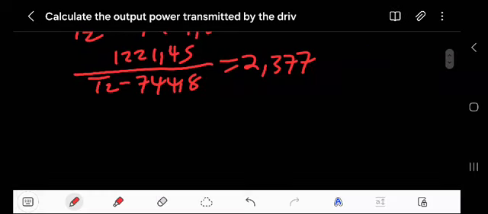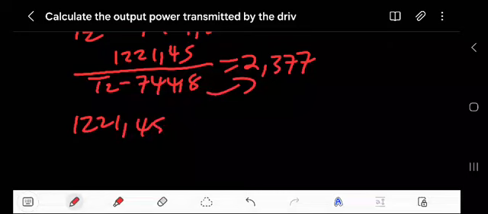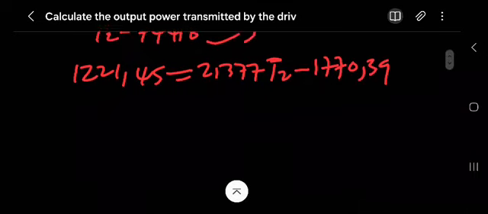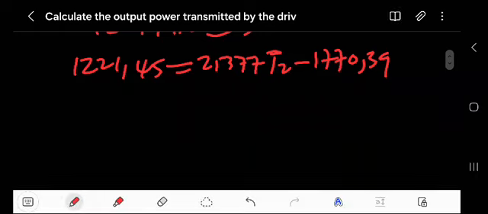Then it's a matter of cross multiply. We have 1221.45 will be 2.377 T2 minus, multiply by that, which should be 1770.39.